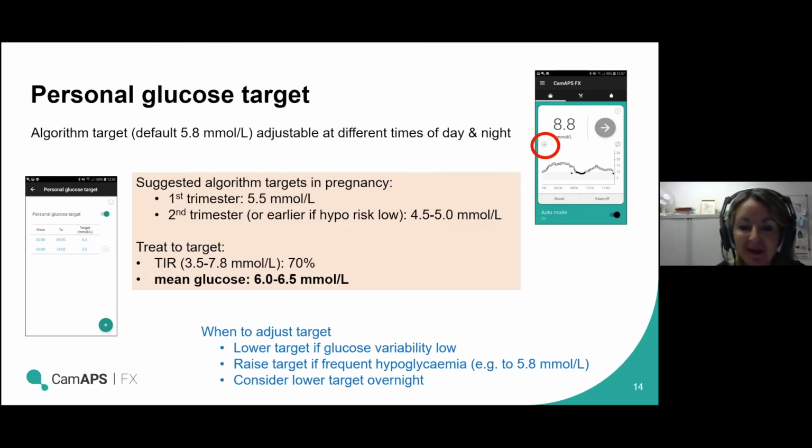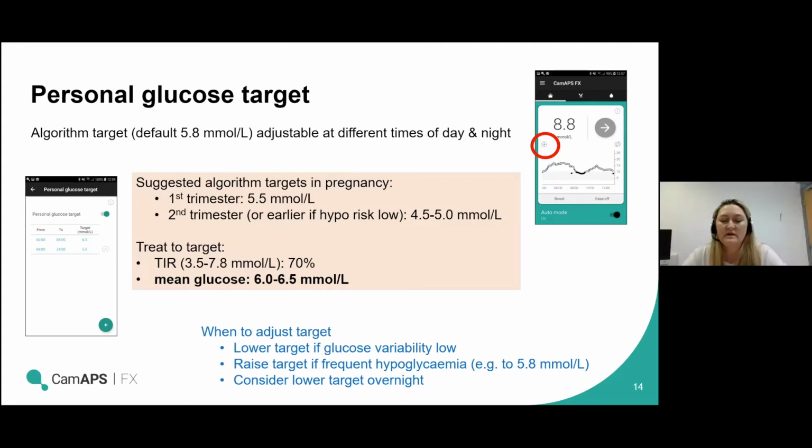So you can have someone with 70% time in range, but they might still have a mean glucose of 7, which is a bit too high for pregnancy. So looking at both of those things side by side, time in range, time above range, and mean glucose, and pushing for that mean glucose of 6, pretty much from as early in pregnancy as possible.